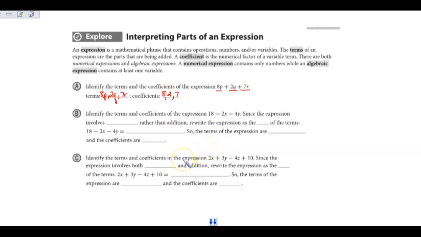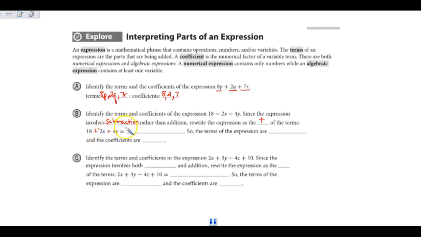For example B, they want me to identify the terms and coefficients of the expression 18 minus 2x minus 4y. Since the expression involves subtraction rather than addition, we need to rewrite the expression so we're adding the terms. So we would change everything to add its opposite. So the subtraction would become addition, the positive would become negative.